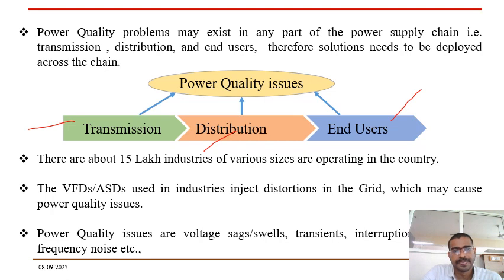In India, about 15 lakh industries operate continuously. All these industries use variable frequency drives and automatic speed drives. These drives inject voltage disturbances into the grid, which leads to poor quality issues. The poor quality issues are voltage sags, swells, transients, interruptions, frequency variations, noise, etc.